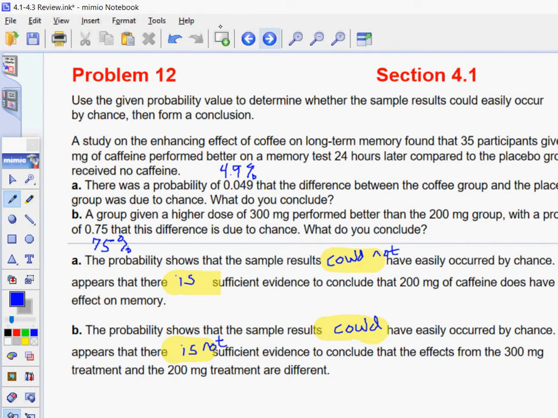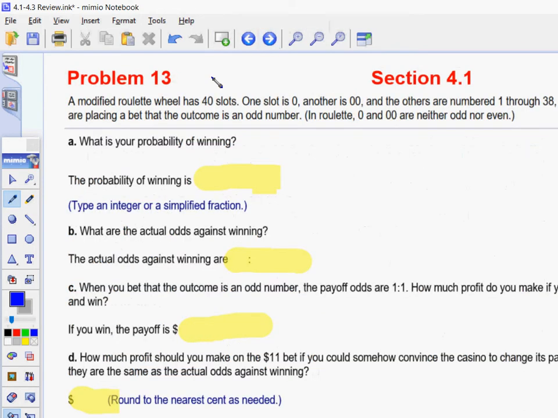Next question. 13. A modified roulette wheel has 40 slots. One slot is 0 and the other double 0, and the others are numbered 1 through 38 respectively. You are placing a bet that the outcome is an odd number. In roulette, 0 and double 0 are neither odd nor even. All right, so these 1 through 38 are the odds and evens.